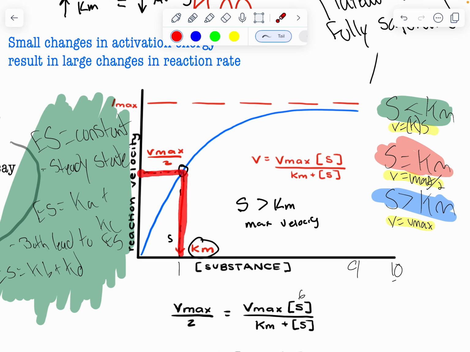Well, once we add 8 millimoles of substrate, we know that we have reached Km, and the velocity of the reaction is going to be half of Vmax. And then as soon as we add anything greater than 8 millimoles, we know that our reaction velocity is going to be at maximum velocity, and we are at the quickest rate that this reaction can go.